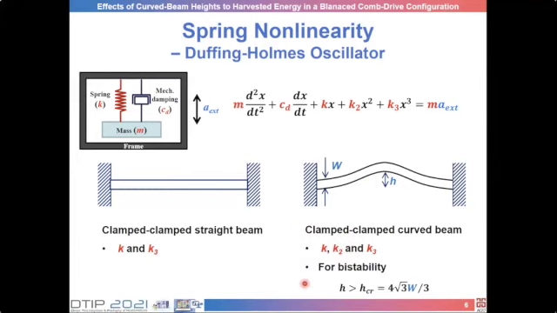As extra information, the beam can have bistability depending on the beam height. And if the beam height is larger than the critical beam height, then it can have bistability. And this critical beam height is dependent on the beam width.